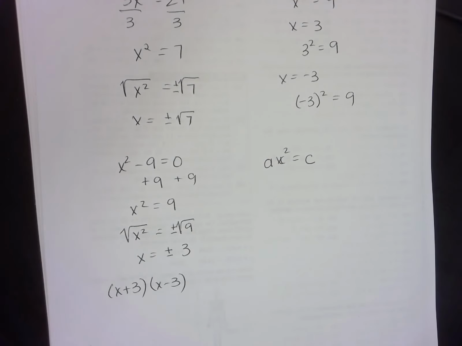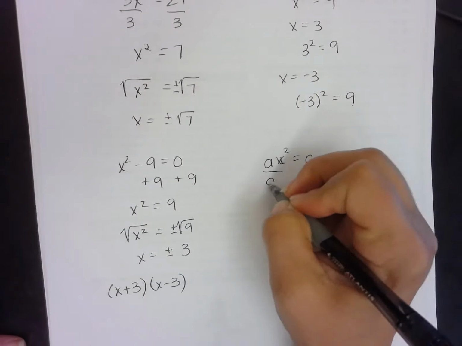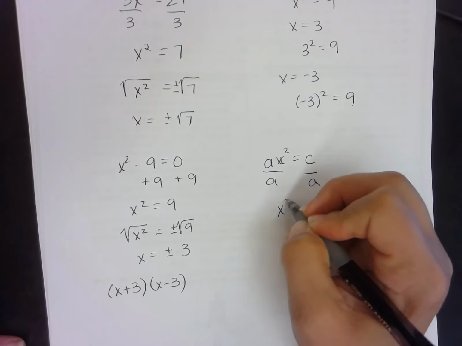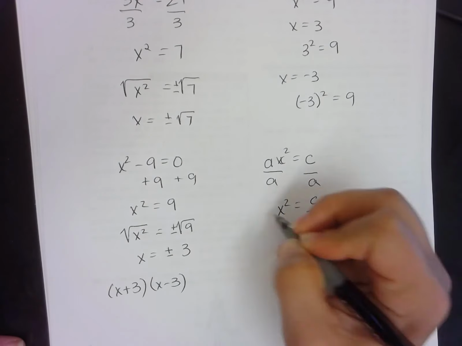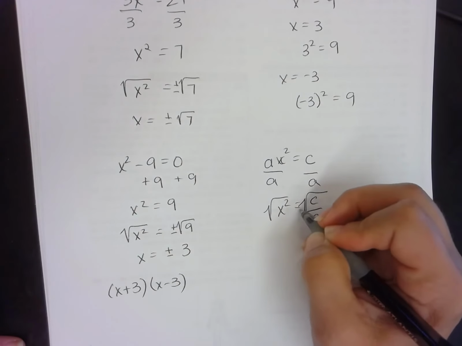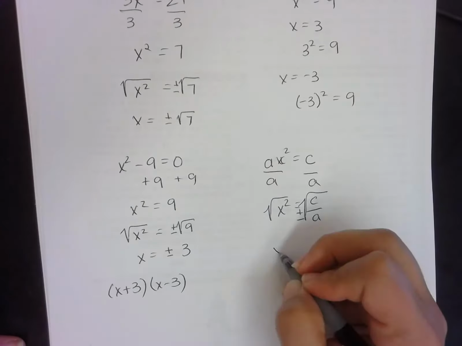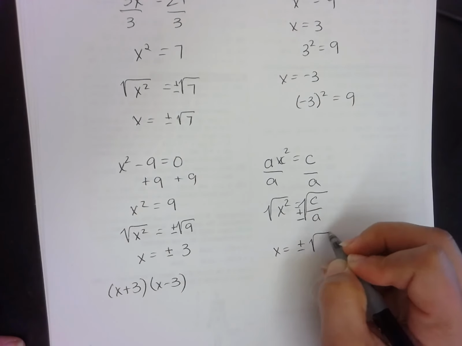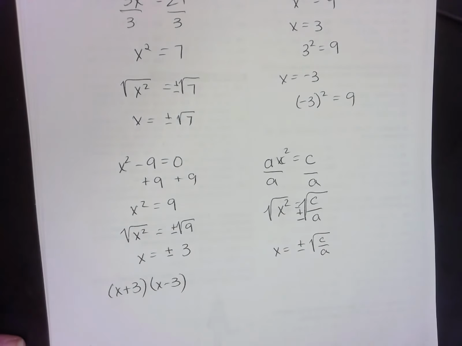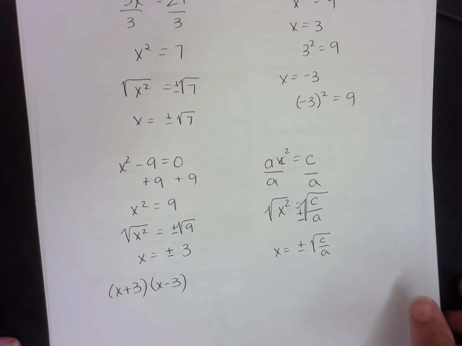It's a quadratic as long as the highest power is x squared. So in general, I can divide both sides by a here, and I get x squared is equal to c over a. I take the square root of both sides and put a plus minus here, and it gives me x is equal to plus and minus the square root of c over a. So anytime I just have a plain x squared equal to a number, I can always use this particular method.